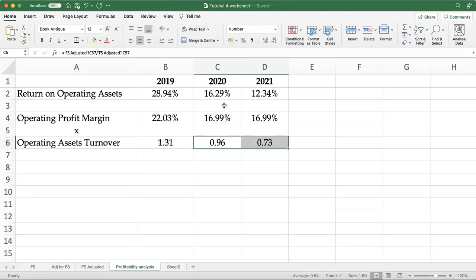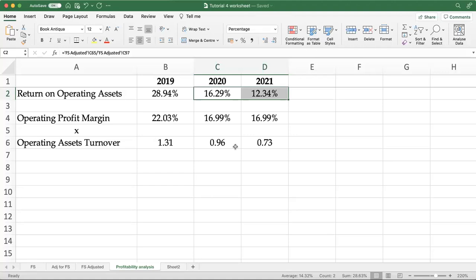So as a result, return on operating assets declined from 16% to 12%. From 2020 to 21, the major reason for the decline is the decline in assets turnover.